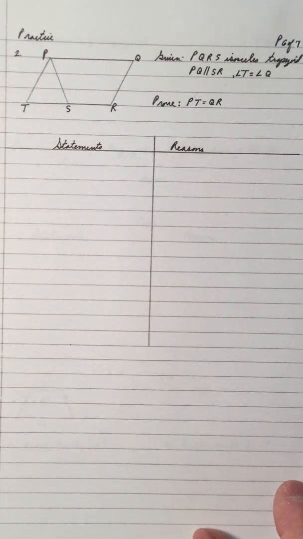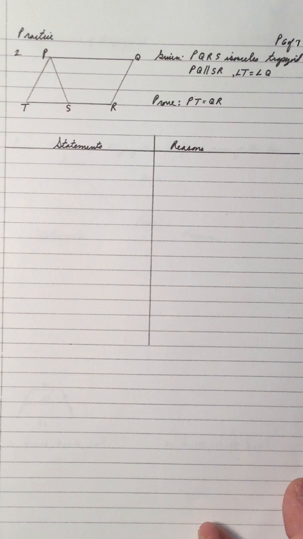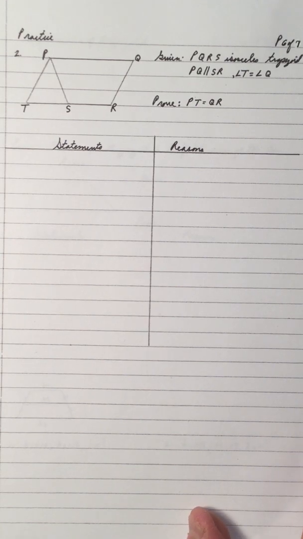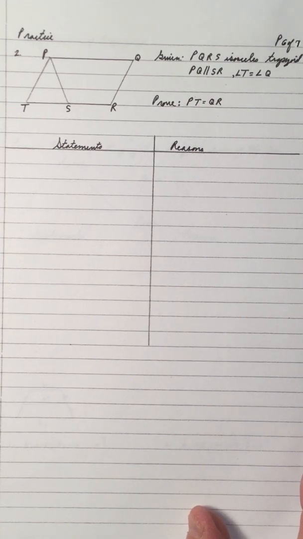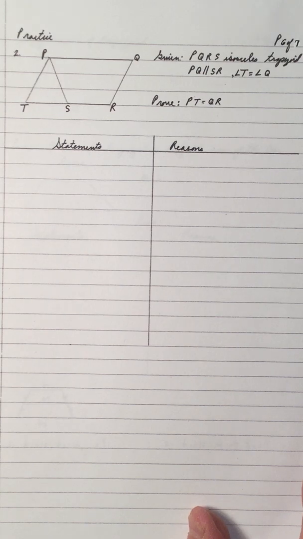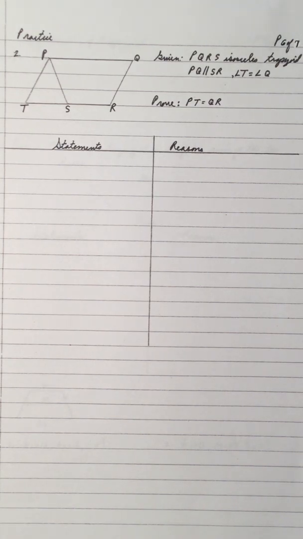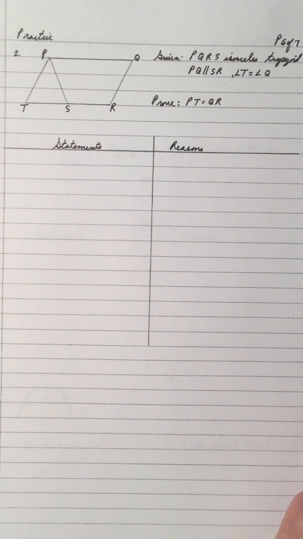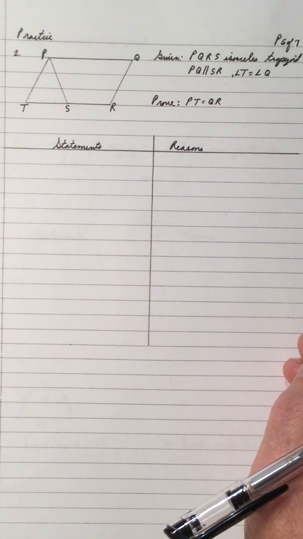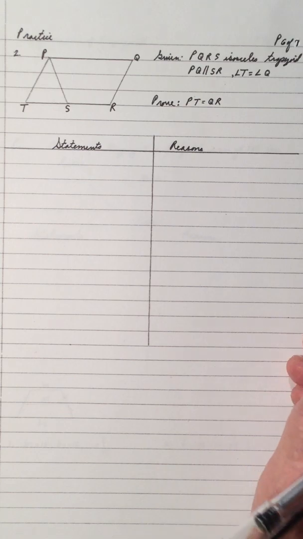Hopefully these proofs are making sense, and we have another one to do. The more we do, hopefully the more we'll understand, because many students find proofs difficult. And practice means pause the video and work this proof out. Draw out a diagram and see if we can do the proof before I do. Here we go.